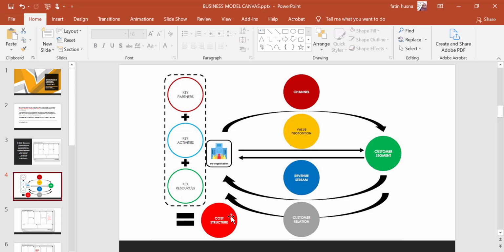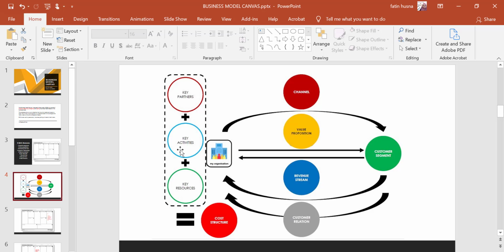If your cost structure mentions packaging, the supplier of the packaging should be within the key partners. You can put 2 to 3, but it must be reflected. They are connected to each other.